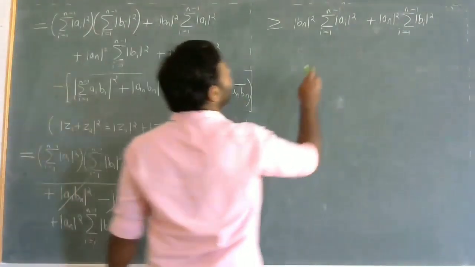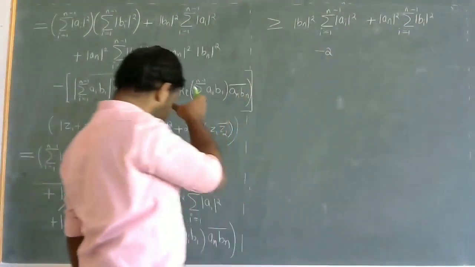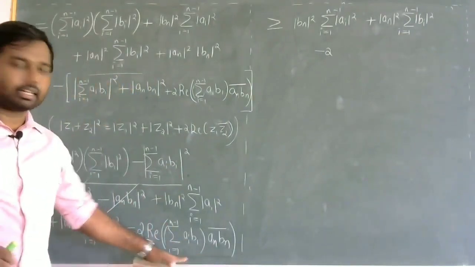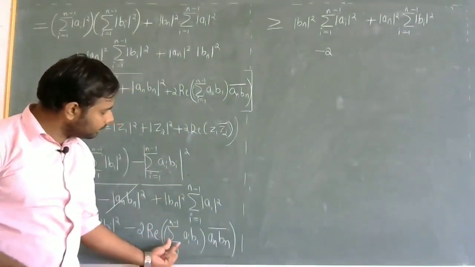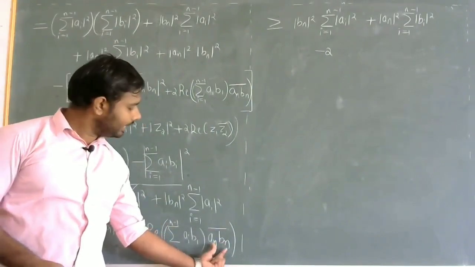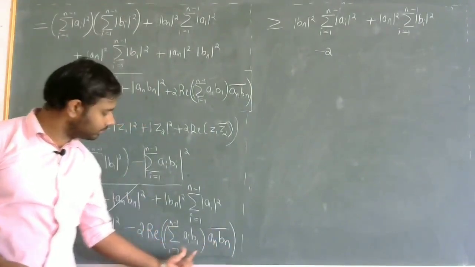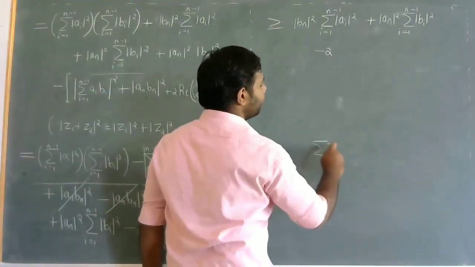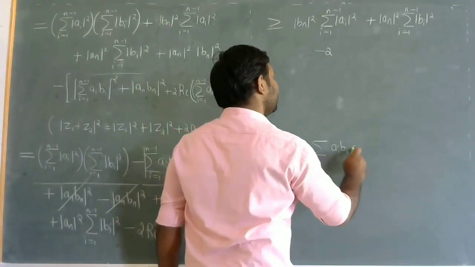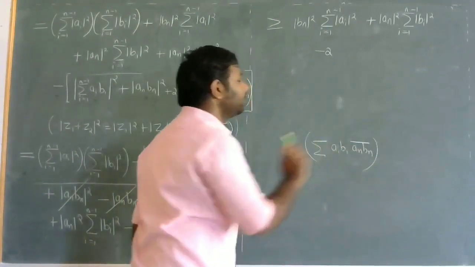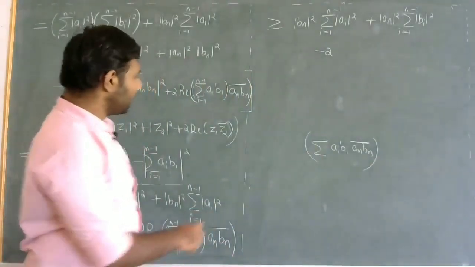Minus 2 into real part of this number, and the number is summation ai bi into an bn whole bar. An bn whole bar is a constant with respect to this summation, so take it inside. First I can take it outside, ai bi into an bn bar. So this will be the single term, and we have the real part of that.